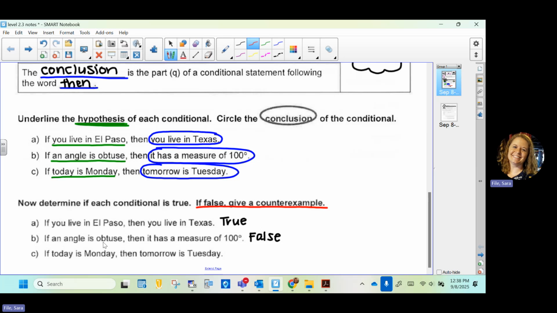Can somebody just tell me an angle measure? Obtuse is more than 90, but less than 180. So somebody tell me a number that falls in that range. More than 90, less than 180.